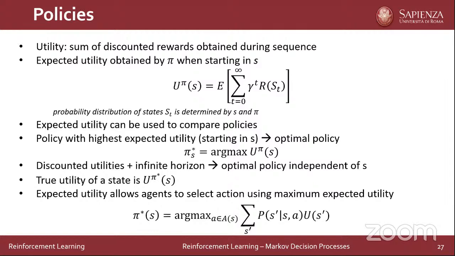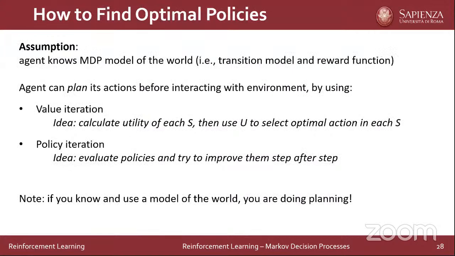Because we don't have any of those. It's a problem, right? It was probably unclear when I was explaining this. Why do you say that you can compute a policy from the utility, and you're saying that the utility can be computed from a policy? We don't know how to do any of these things. So there are ways to do this by using the two algorithms that are called value iteration and policy iteration.